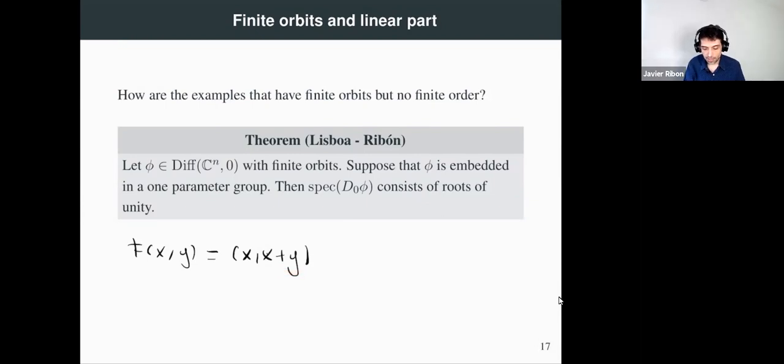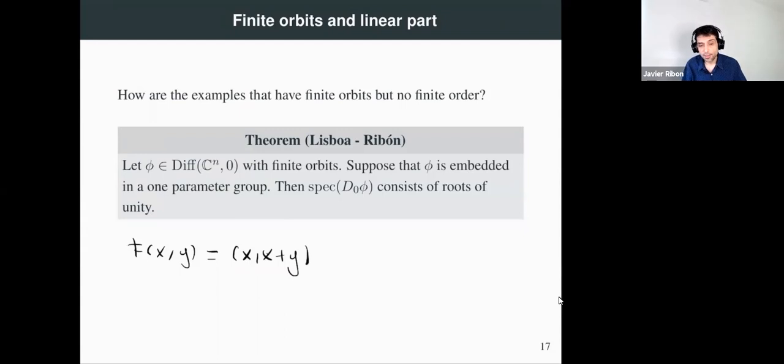This is a unipotent linear map. And the issue is that, of course, you can consider somehow a finite covering, and in that way, you can transform these eigenvalues into roots of unity. But an interesting question is whether all the examples are like this, whether all the examples are ones in which the linear part has the finite orbits property, because for linear maps, the finite orbits property is equivalent to all eigenvalues being roots of unity.